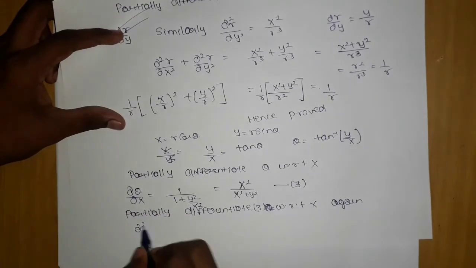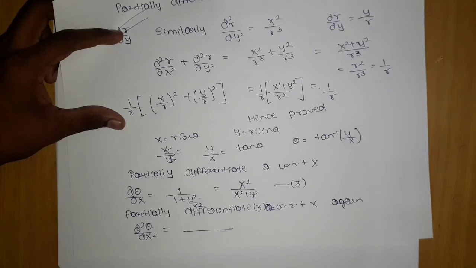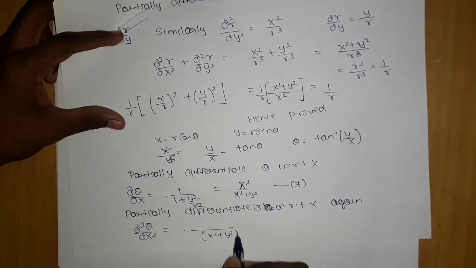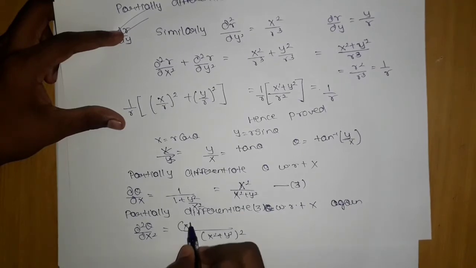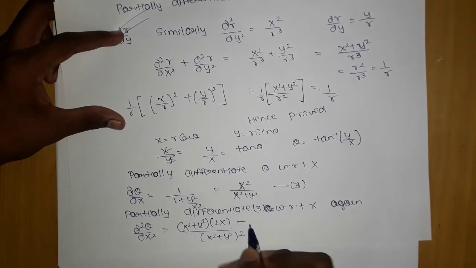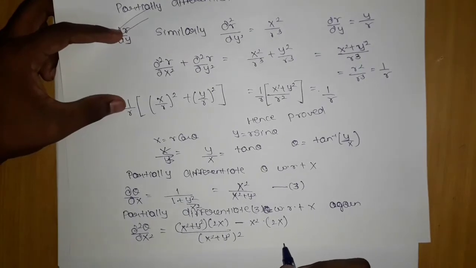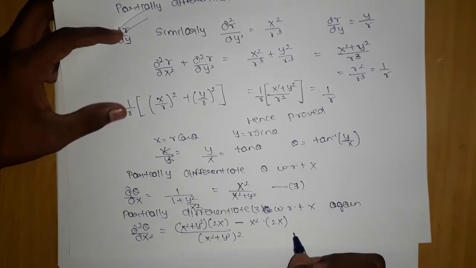So you are going to get ∂²θ/∂x², which will be x² plus y² the whole square in the denominator, with numerator (x² plus y²) into 2x minus x² times 2x.